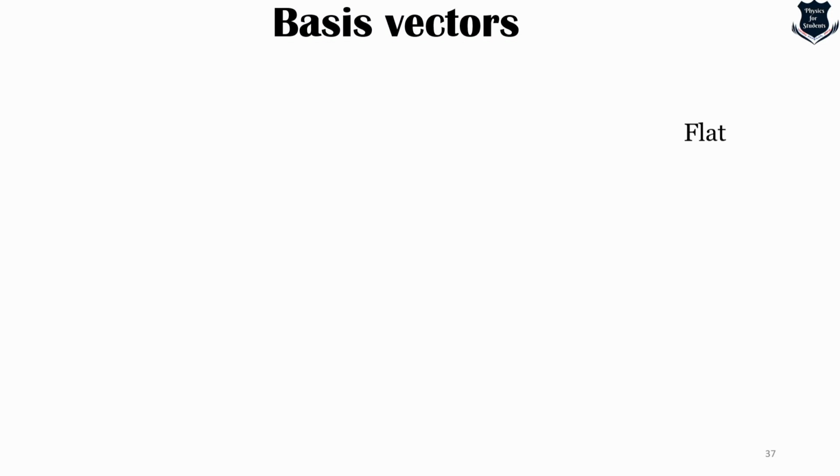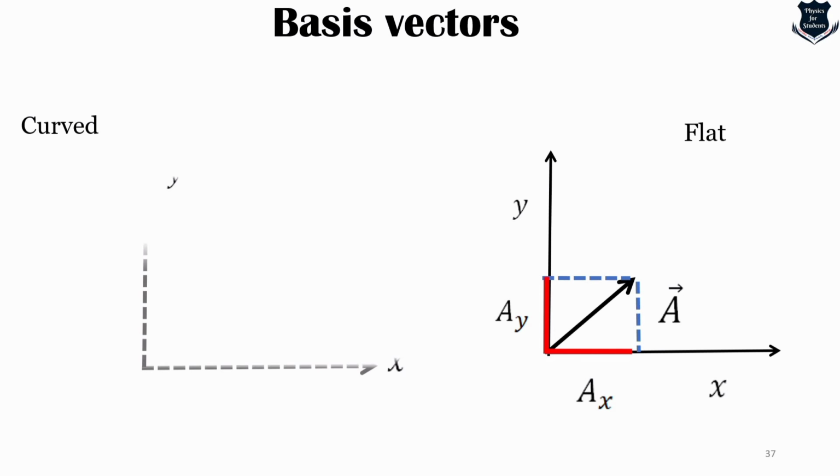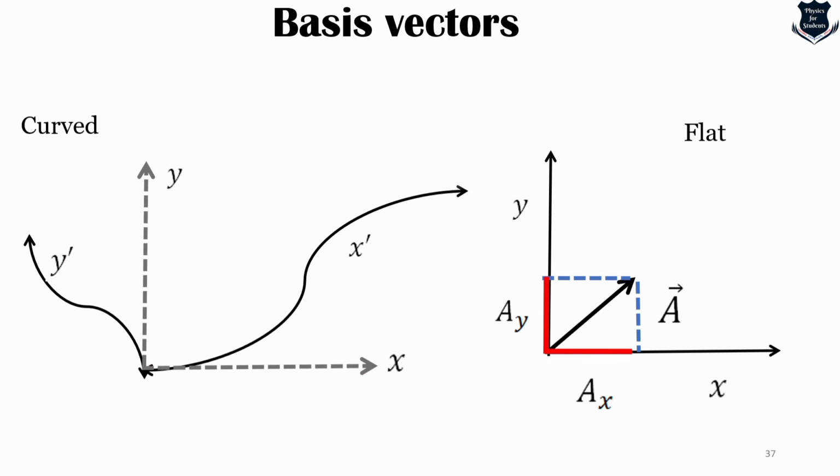Okay, so I would like to explain geometrically what the basis vector is, how it changes, and what all those problems are about. In a flat space we have a vector called A, and this is measured by the components Ax and Ay. If I draw the lines, they are more or less the same. Now if I take a curved surface and plot the same, something like this, x, y goes into x prime and y prime.